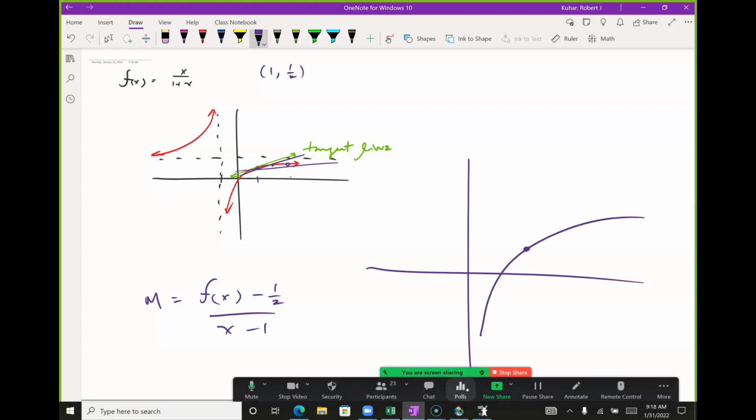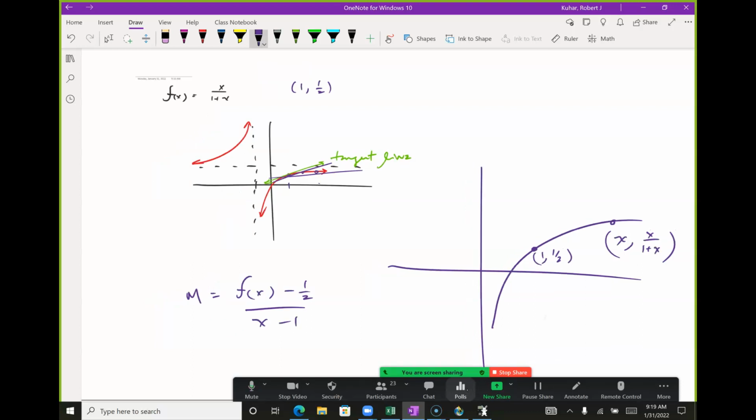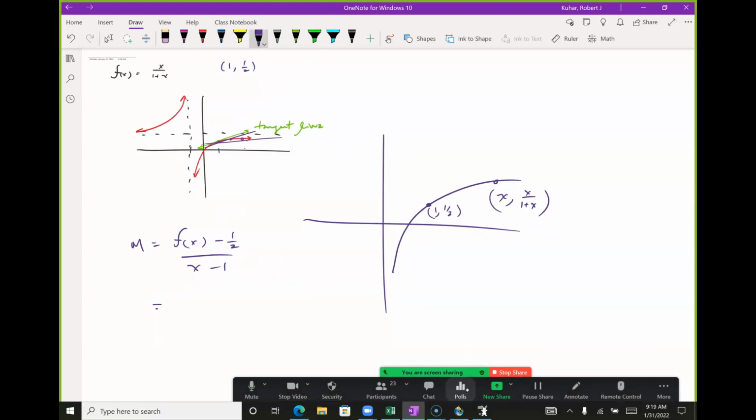This is my point 1, 1/2, and this is my arbitrary point x, x over 1 plus x. I'm doing the slope there: y2 minus y1 over x2 minus x1. We know the function is x over 1 plus x, so the slope is x over 1 plus x minus 1/2, over x minus 1. Is everybody okay here? This is the slope of my secant line.